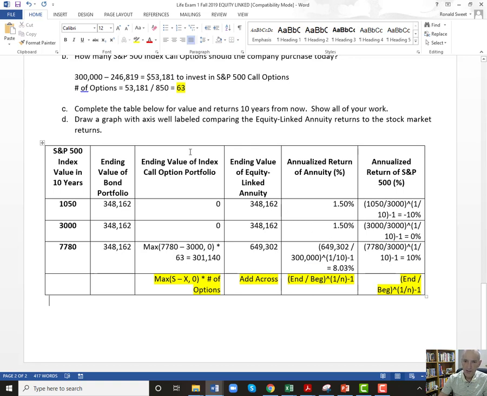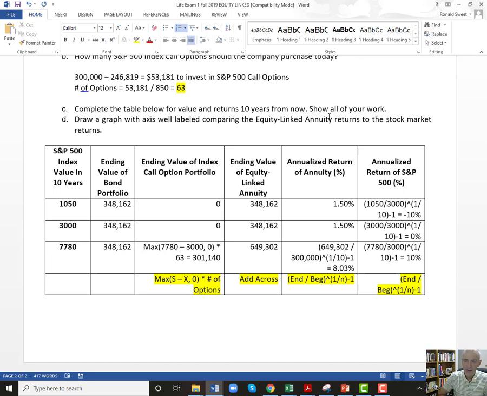All right, so there's letter C. It says show all your work, and that is important on exams, my kind of exams, mainly because I don't count off for math errors if I can see the math error. But if you don't write down the math error, if everything is plugged into a cell, I can't do it.